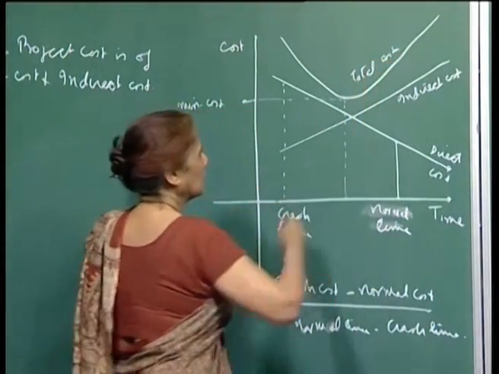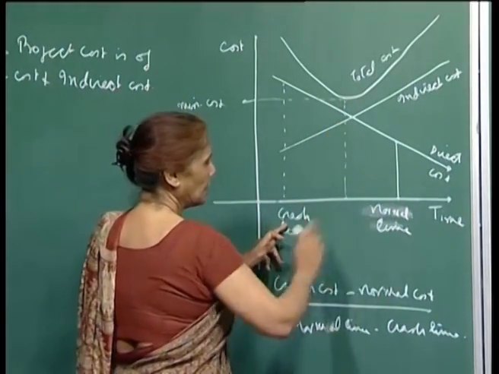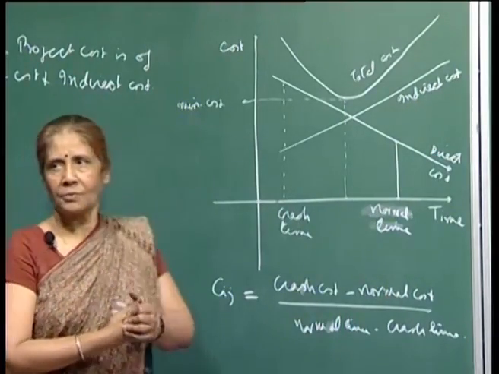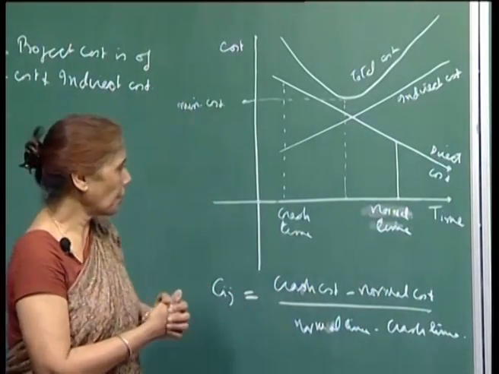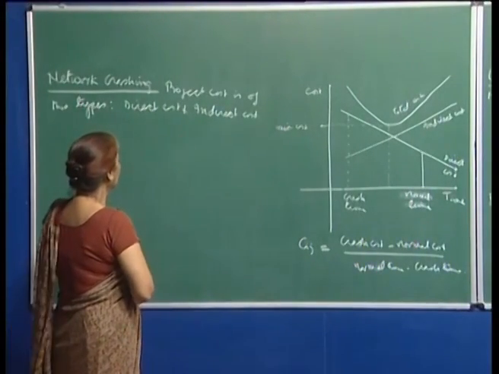This is your total cost curve, and the minimum will arise somewhere here between the crash time and normal time for each activity, and then of course, you will add up and find out for the whole project what is the optimum duration of the project. Okay. So, these are the two costs involved.